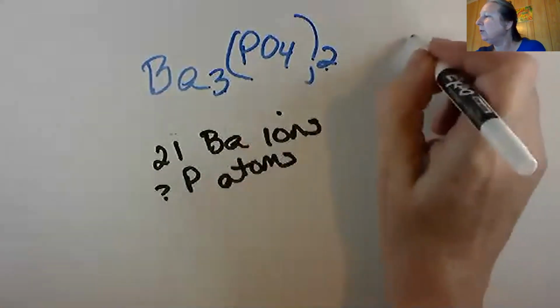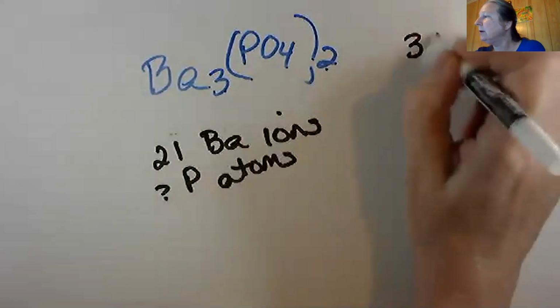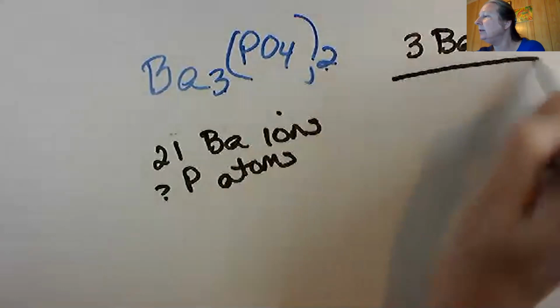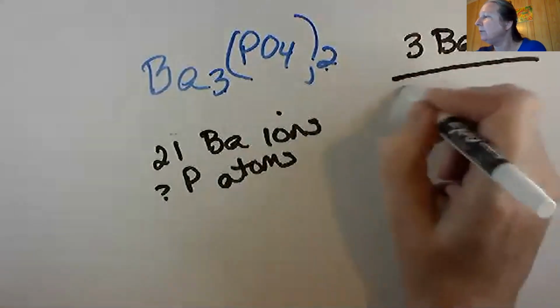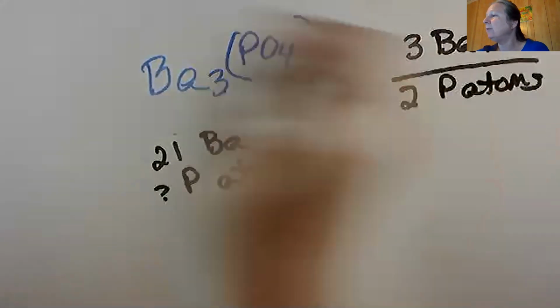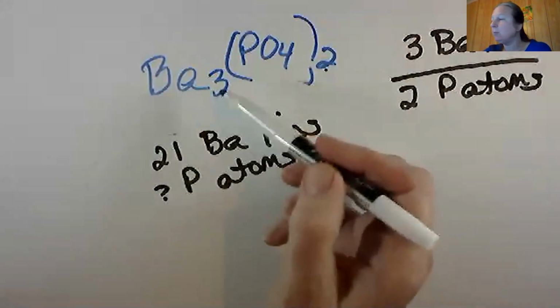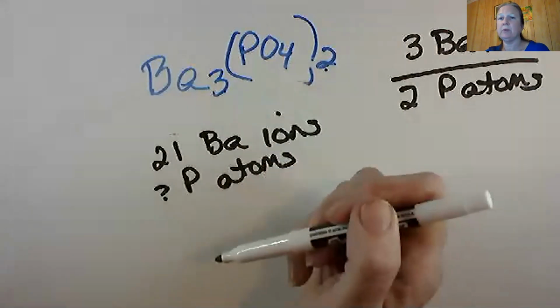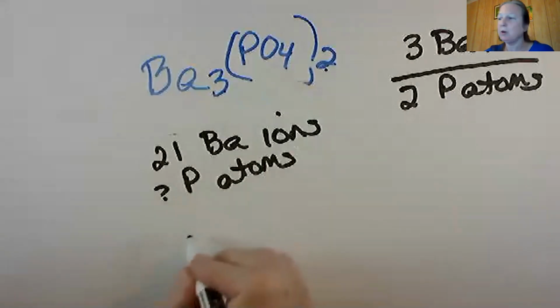For every 3 barium ions in this compound, I have 2 phosphorus atoms. So every time you have a compound, and every time you have 3 barium ions, you will find 2 phosphorus atoms in that compound. So we start with what we have.